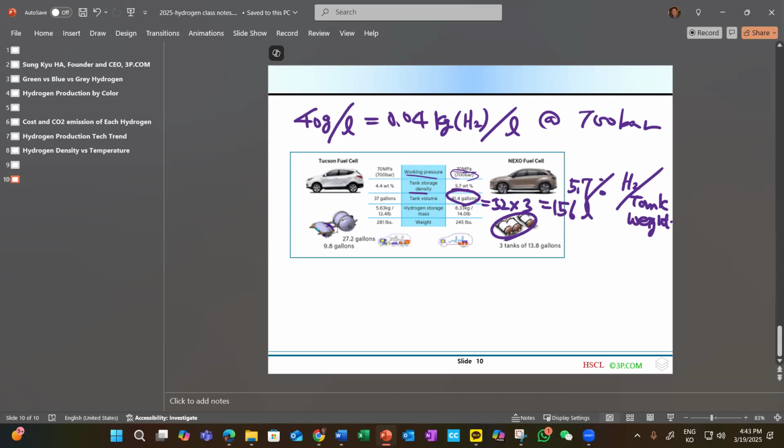As you can see, this is 700 bar, and 0.04 kilogram of H2 per liter tells us how much hydrogen gas is stored. Well, 156 liters times 0.04 kilogram of H2 per liter gives us how much?